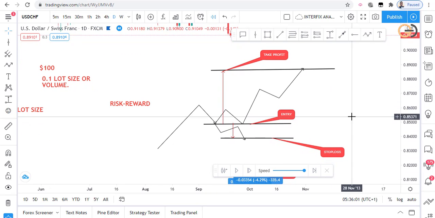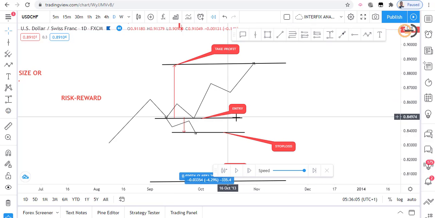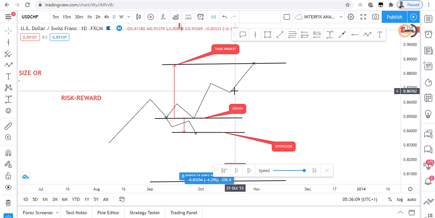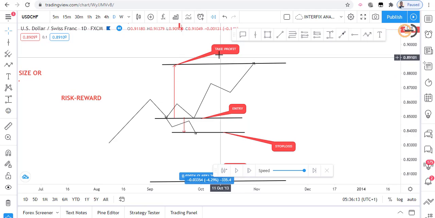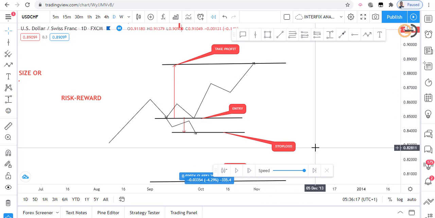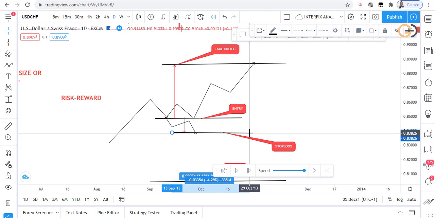All right. So mark you, when you are taking a trade, you look at your entry. 3 things you must consider: your entry point, your exit point, which are your take profit levels, and your stop loss. Stop loss is where the market will take you out if it goes against your plan.